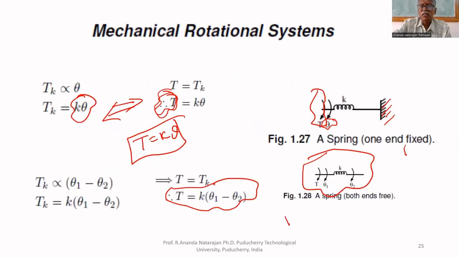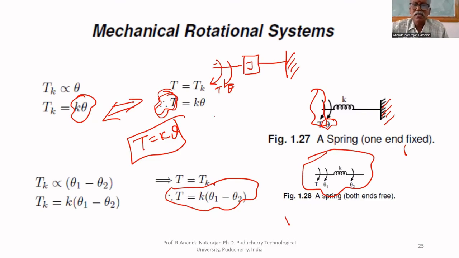One more element is missing. That is, it has an inertia J. The applied torque is T. The displacement is theta. There, mass M. Here, moment of inertia J. Moment of inertia J is a constant, because of mass only.